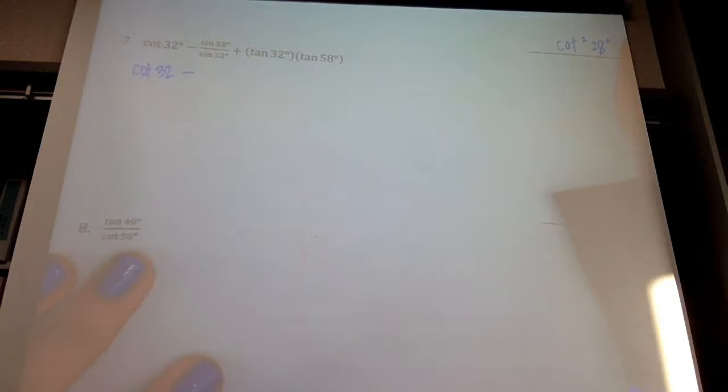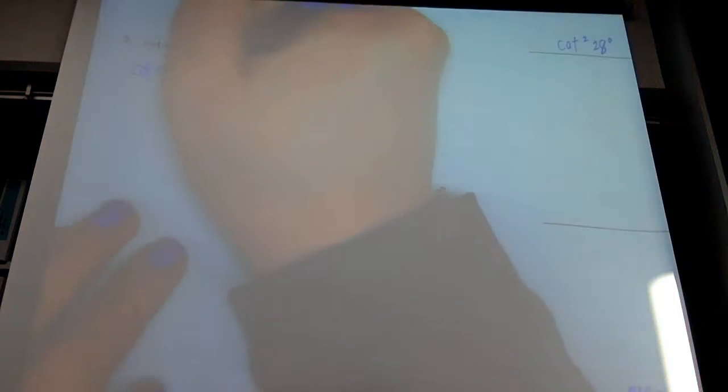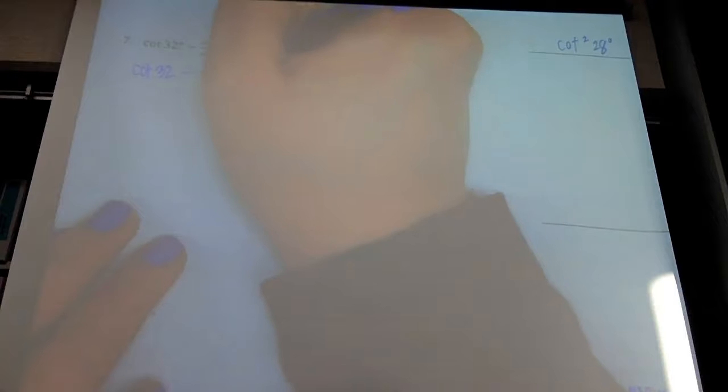So cotangent 32 stays the same, but we're going to change sine of 58 and replace it with its complementary angles theorem. So remember, sine goes with cosine when we're doing our complementary angles theorem, and it's 90 minus 58.